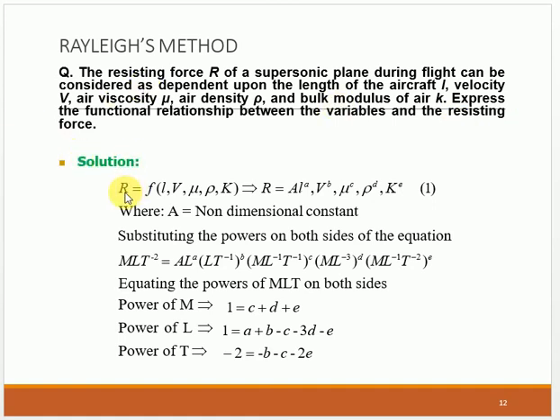From Rayleigh's method, the dependent variable is equal to a function of the other independent variables. So R will be equal to a function of all the independent variables: length, velocity, air viscosity mu, air density rho, and bulk modulus K. This functional relationship is removed by introducing a non-dimensional constant, which can be any variable, K, A or B, anything, but we have to mention it's a non-dimensional constant.